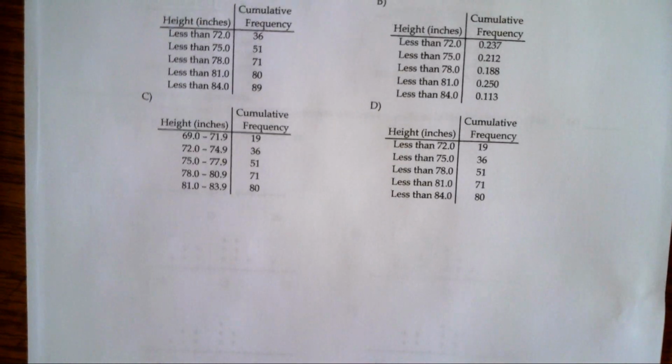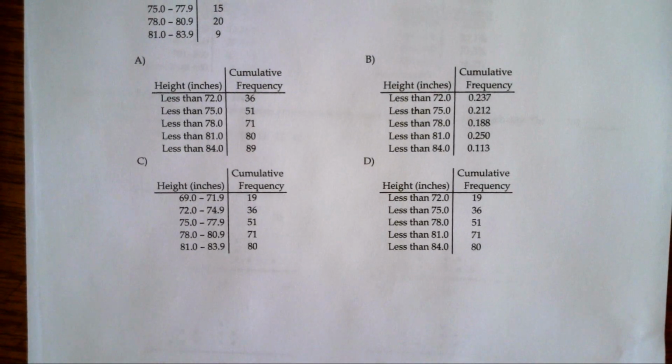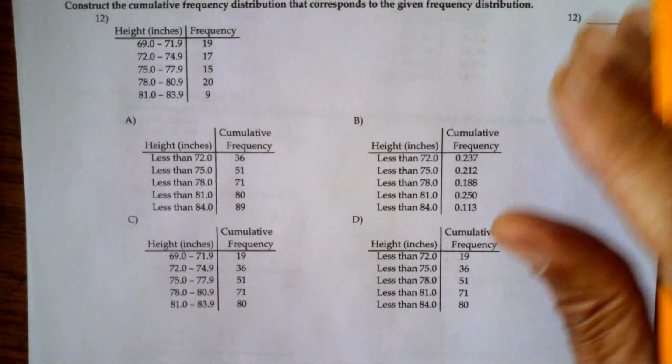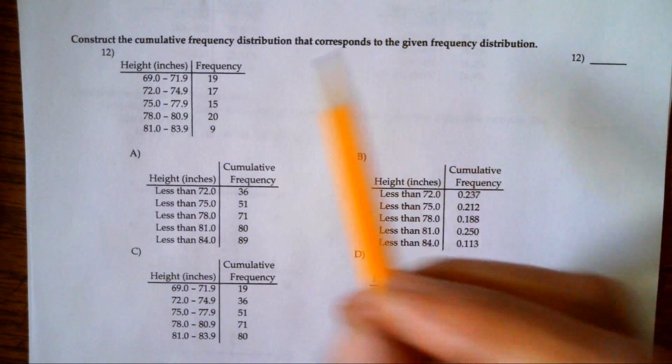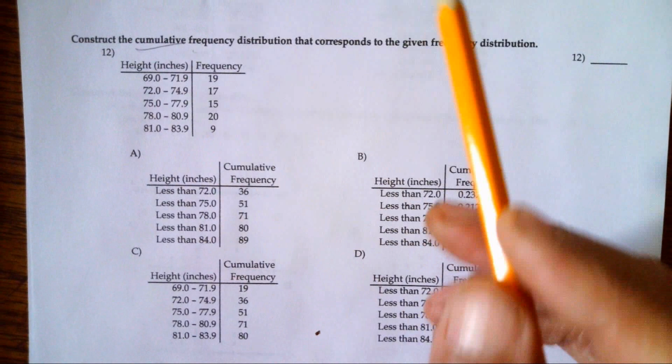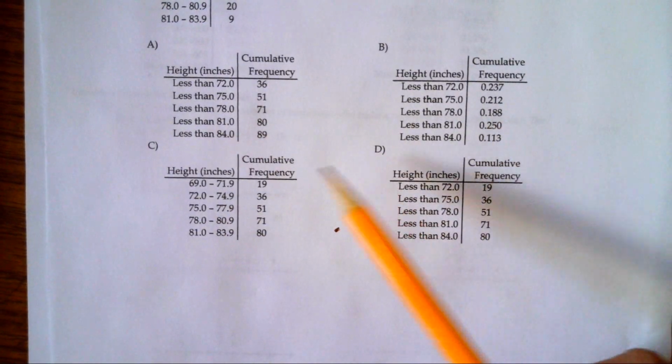Cumulative. Well, the first thing I need to do in the cumulative is add up the frequencies. Before I even start that, let me just say this: when you're presented with a cumulative frequency, it always starts out with the words less than.